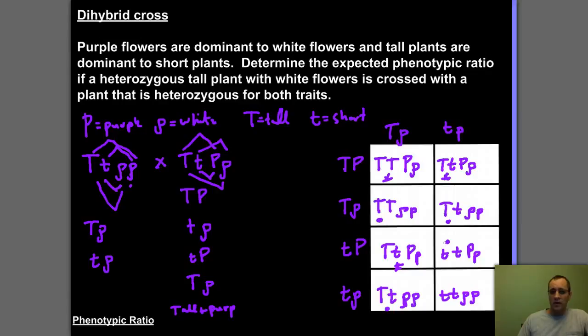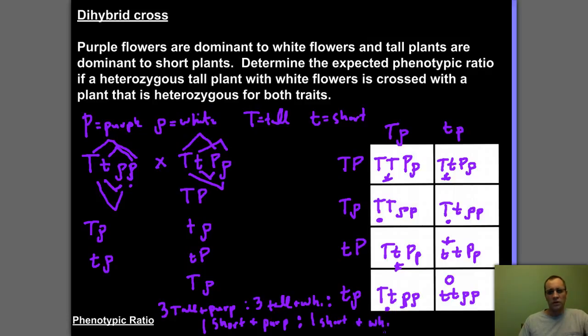And then we have, let's give that a different symbol, short and purple, and then this one we have that's short and white. So let's count these up again. We had 3 that were tall and purple. We had 3 that were tall and white. And then we had 1 that was short and purple, and 1 that is short and white.